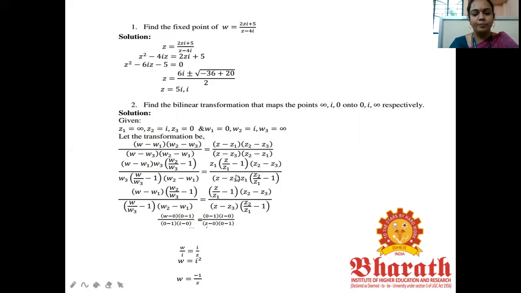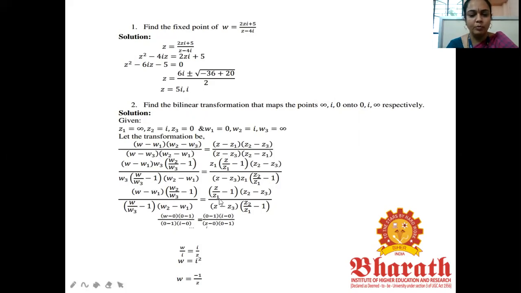Similarly, the z1 value is infinity, so we take z1 outside, here also z1 taken outside. Now how to substitute? Omega minus omega 1; this omega 3 gets cancelled, remaining omega 2 by omega 3 minus 1, by omega by omega 3 minus 1, into omega 2 minus omega 1.